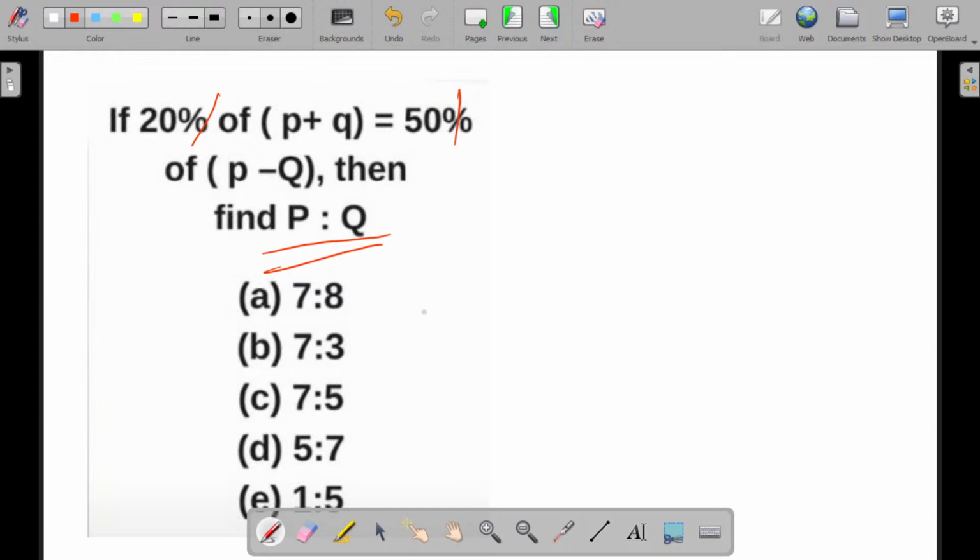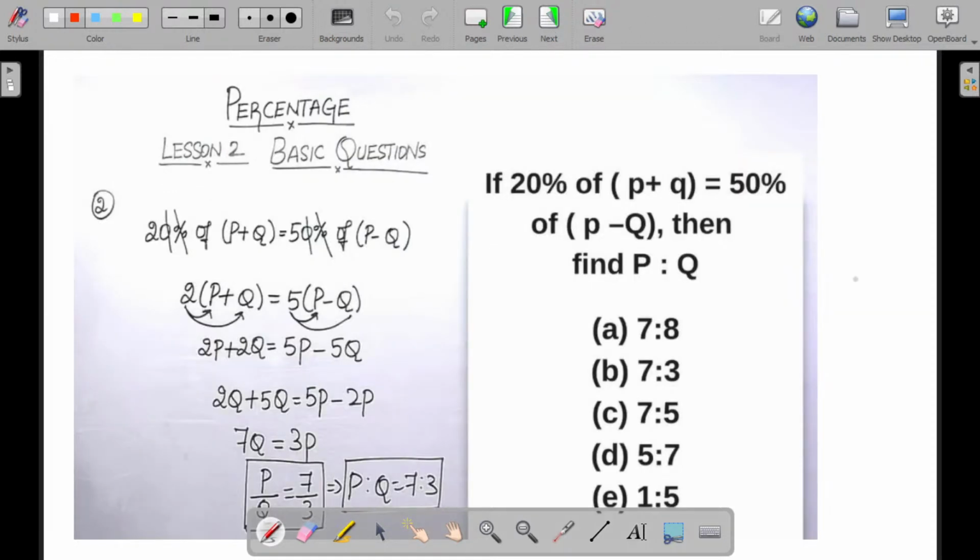Good. Vinith Nadargi. Good. So the answer is P is to Q equal to 7 is to 3.